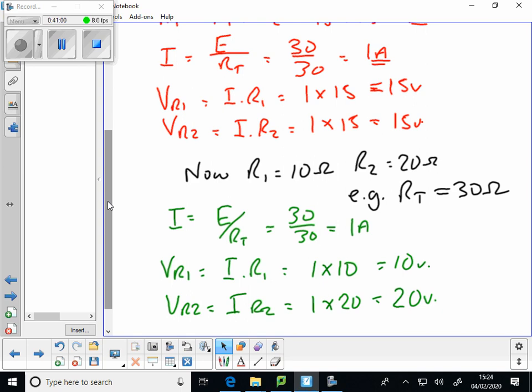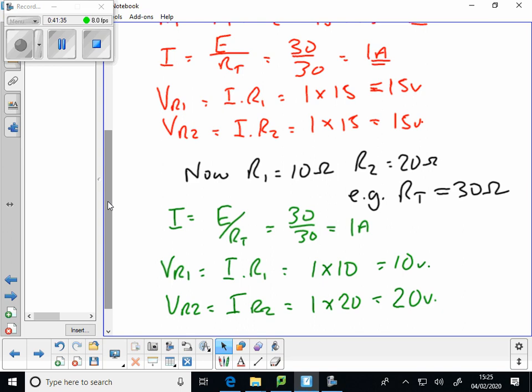Again, we'll formalise that with Kirchhoff's voltage law. So it divides up in the ratio of the resistances. If we went to 100 ohms and 200 ohms, the current would be different, much less, but it would be a 10 volt, 20 volt split of the applied voltage across them, or with 1,000 ohms and 2,000 ohms.